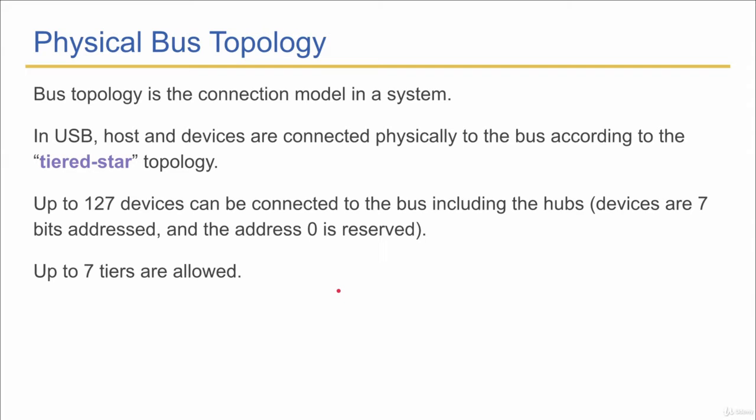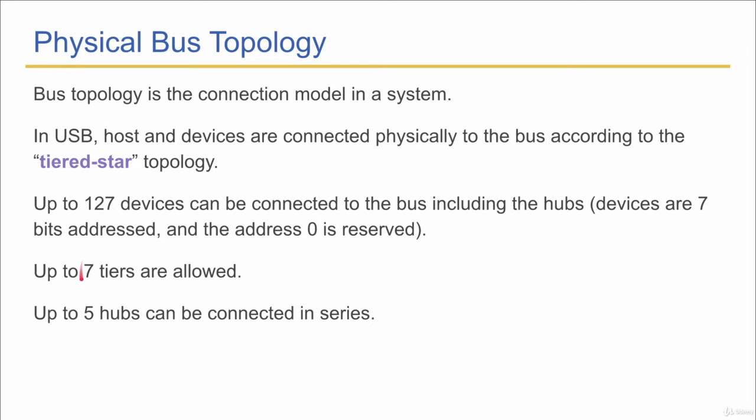So the maximum number of tiers, or the devices that are allowed to be connected in series, is 7 devices or 7 tiers. So up to 7 tiers are allowed. And only up to 5 hubs can be connected in series. The 7 includes also the hubs.